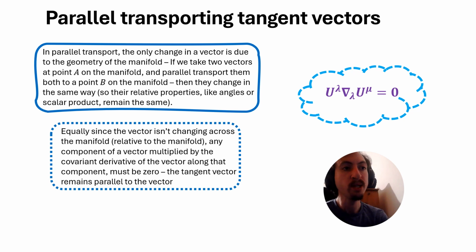And for parallel transport, we can think of the covariant derivative of a vector that's parallel transported as being 0, but we can also think of it as, across parallel transport, the scalar product between a vector and its covariant derivative is also 0. And it's that scalar product which is giving us our repeated index lambda.